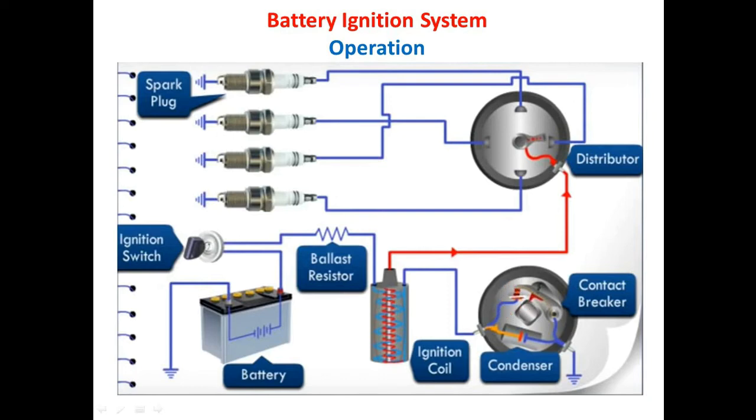Now when ignition is required in the spark plug, the camshaft operates the cam in the contact breaker. Because of the cam, the contact breaker points now open, and this restricts the flow of current in the contact breaker. Now as the contact breaker points are open, the current will flow to the capacitor, because of which the capacitor gets charged and the primary current falls, which makes the magnetic field collapse.